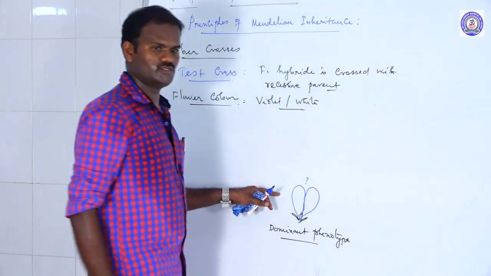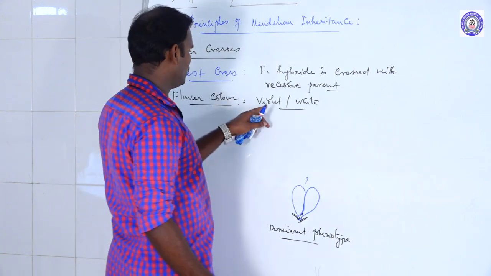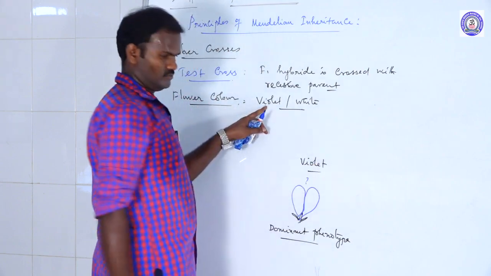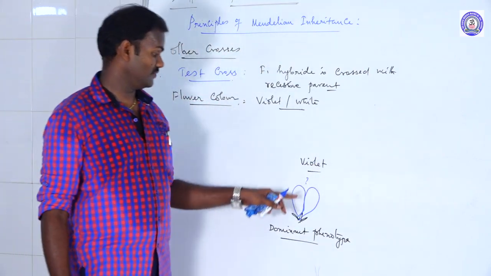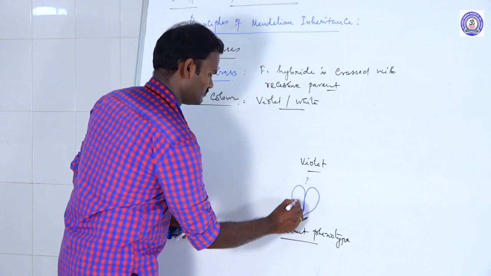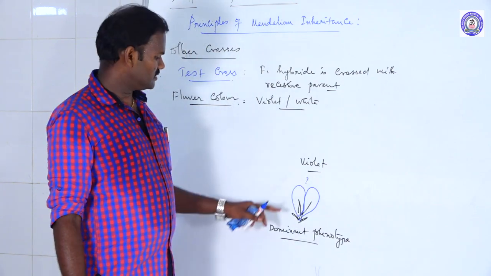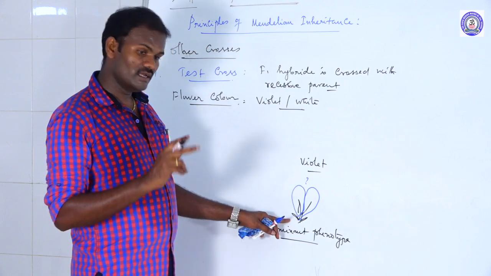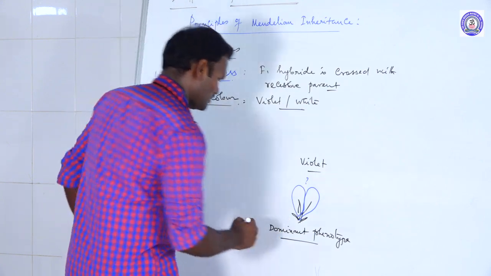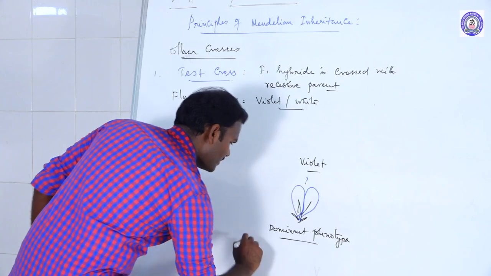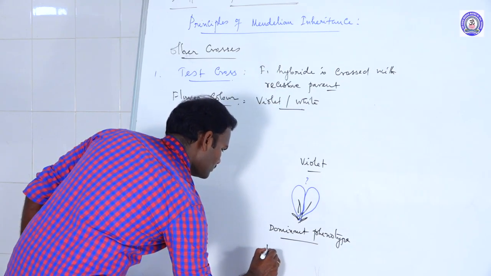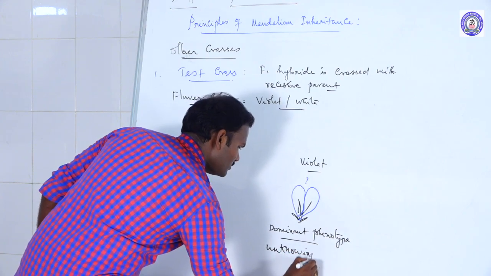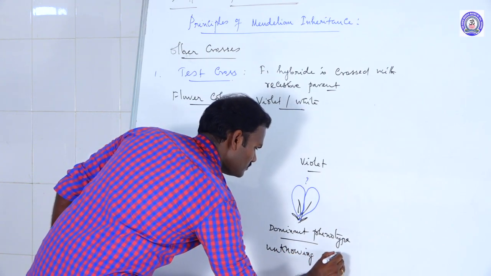If you take this flower, the dominant phenotype is violet. We can easily identify the phenotypic characteristic because it's violet in color. But we can't easily identify the genotype, because the dominant phenotype is controlled by two types of genotype. There is an unknown genotype.